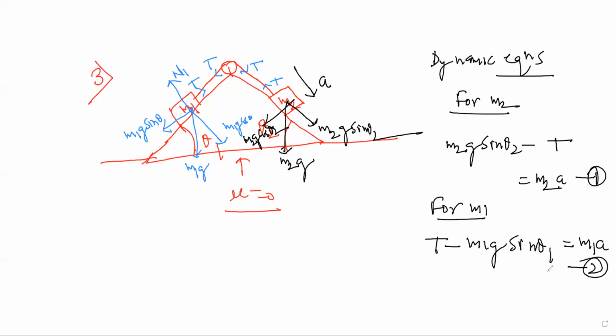This is equation 2. Theta1 and theta2 will be given, and M1, M2 will also be given. So these are two equations in tension and acceleration, and we can easily find both.